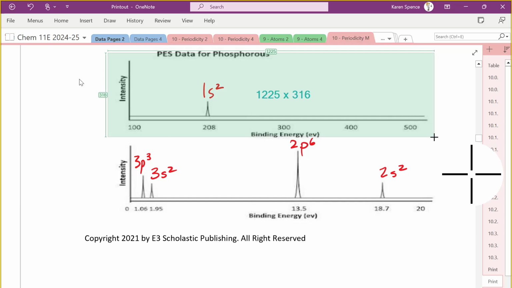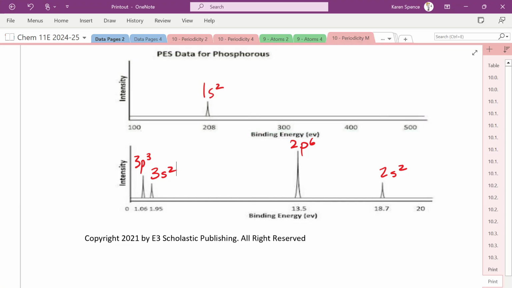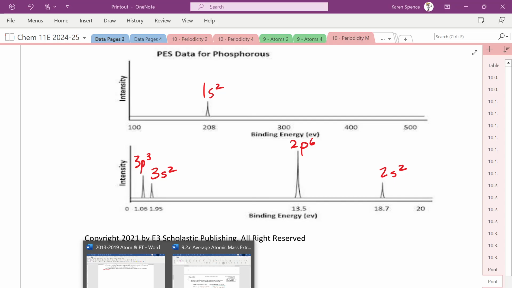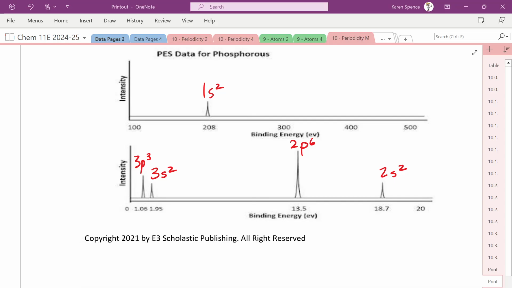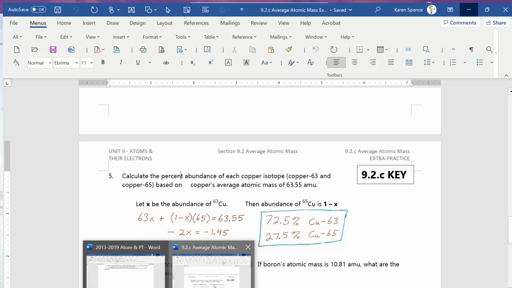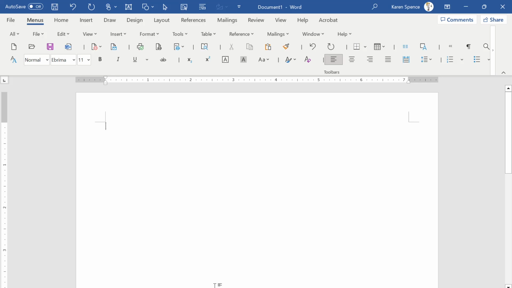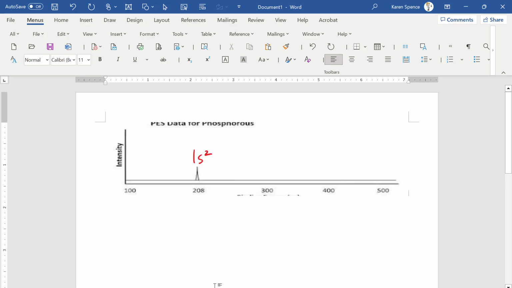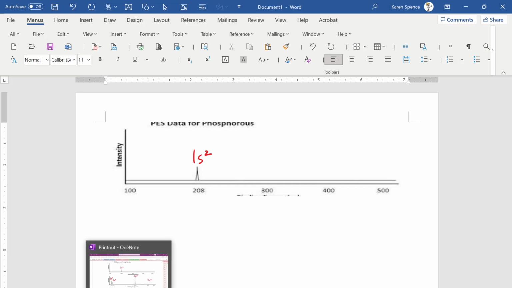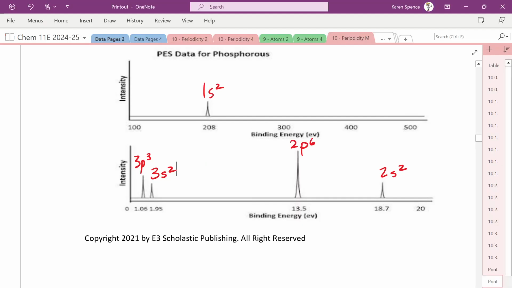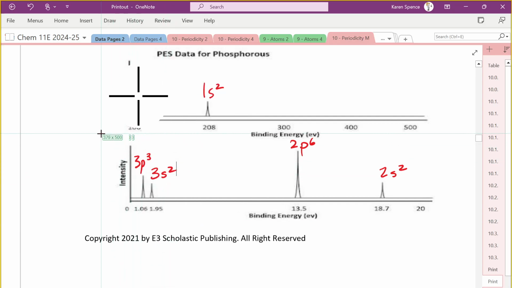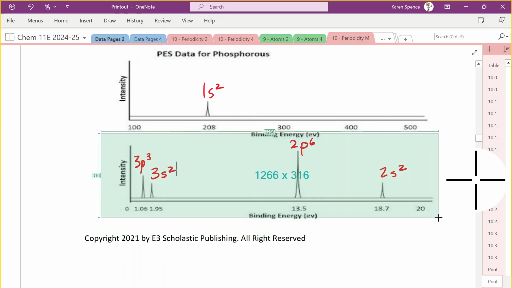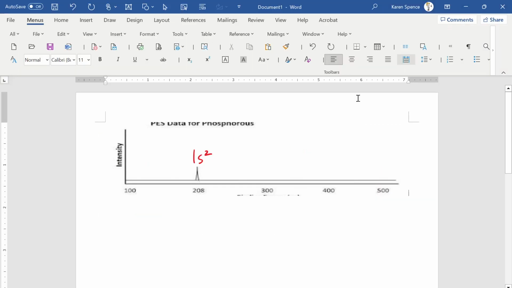Okay, let's take this and let's stick it in a Word document. Okay, and then we're going to take this one. Where is it? And we're going to stick it in a Word document. Okay.